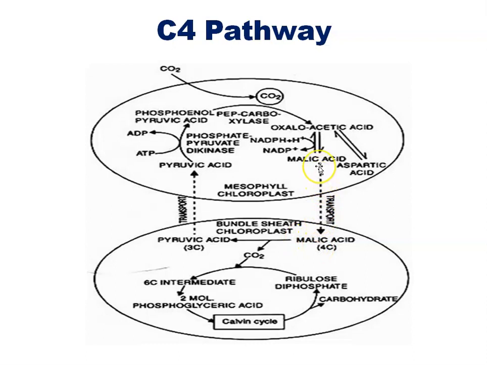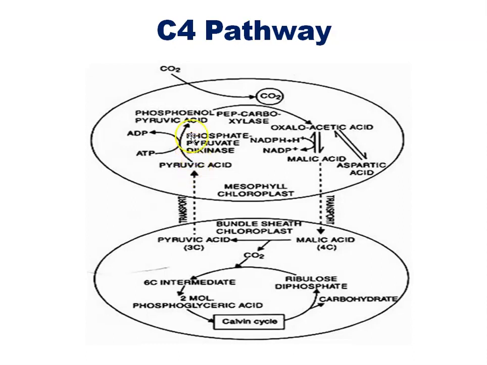When malate is transported to the chloroplast of bundle sheath cells, decarboxylation occurs, meaning removal of carbon dioxide. This carbon dioxide then enters the Calvin cycle, and pyruvic acid is formed. This pyruvic acid is then transported to the chloroplast of mesophyll cells.